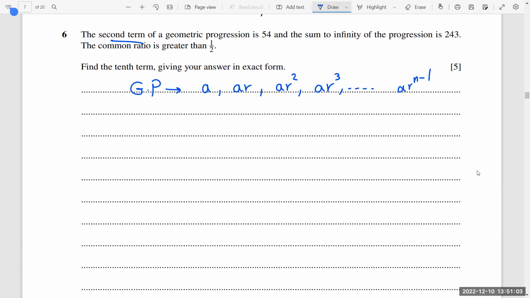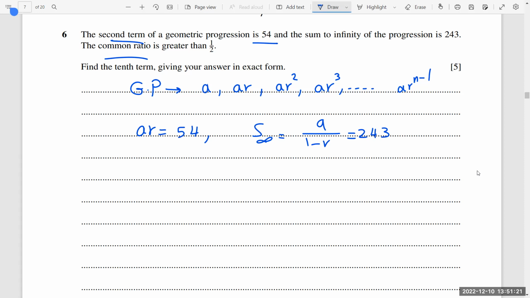As the second term is 54, it means AR is 54, and the sum to infinity, which is A over 1 minus R, is 243. The question now: find the common ratio. I want to find R.